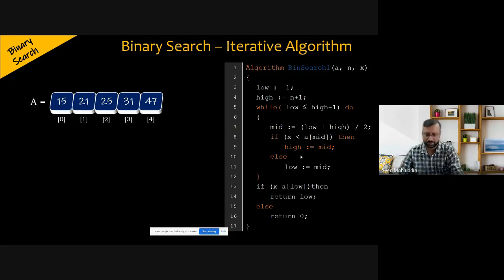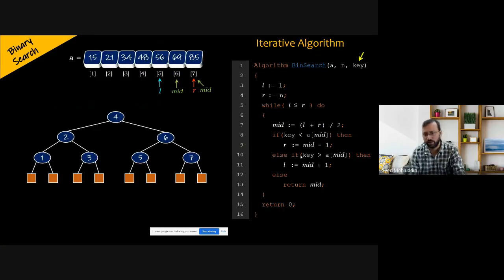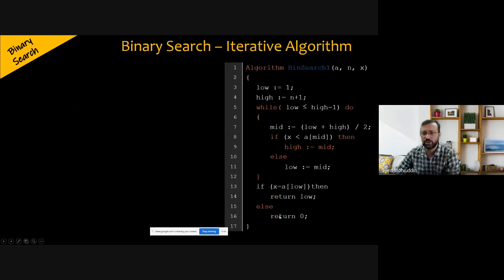But remember, for your exam or any other evaluation purpose, this is the iterative algorithm you use. Don't use the bin search one iterative algorithm. This is only when a question is asked on how the performance of an iterative binary search can be improved, then only you have to go about this algorithm.